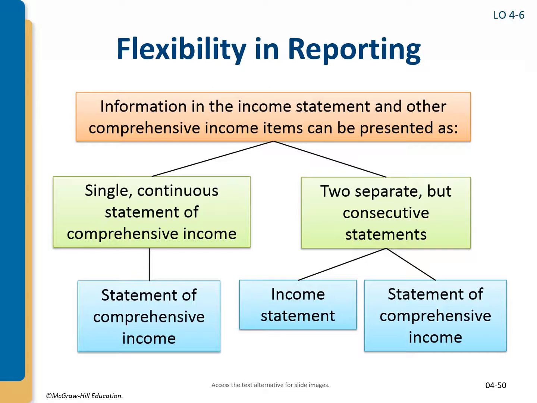Some companies decide to split them. Here's our income statement, there's our net income. Here's a statement of comprehensive income. We start with net income, separate, and we add and subtract those items that are considered other comprehensive income that our company has. So one of two ways, and it's all the choice of the company.